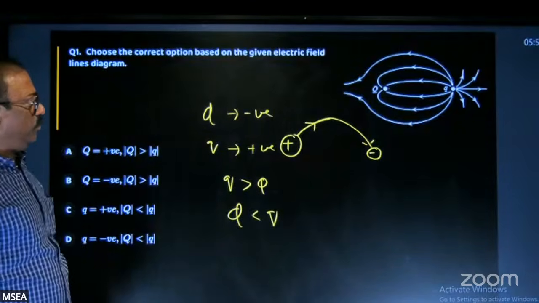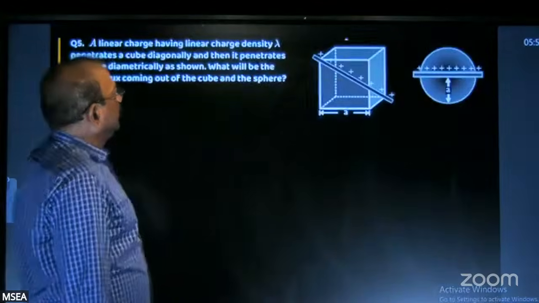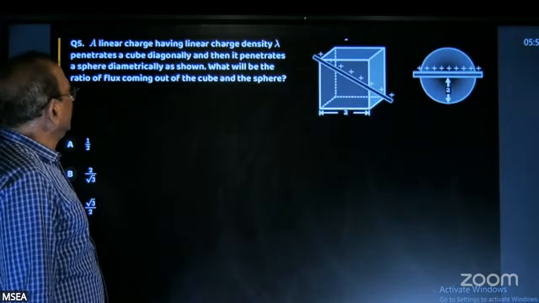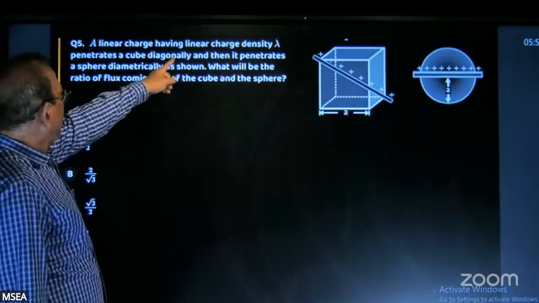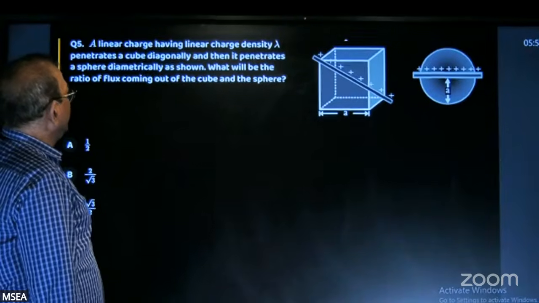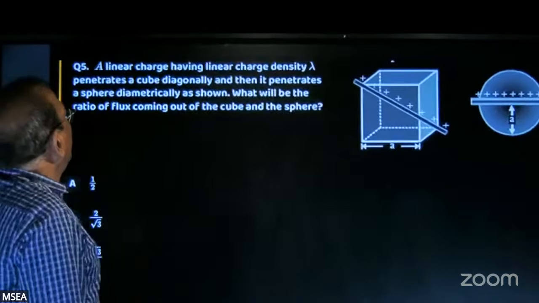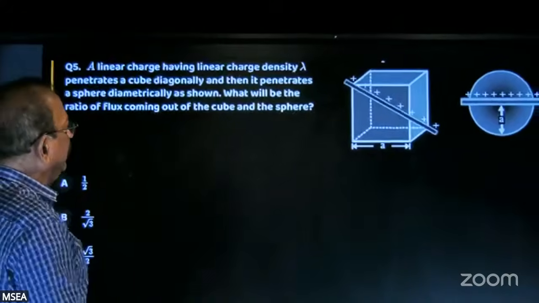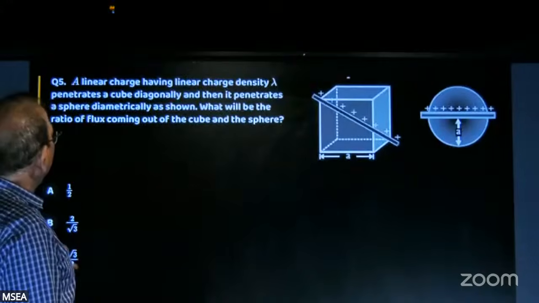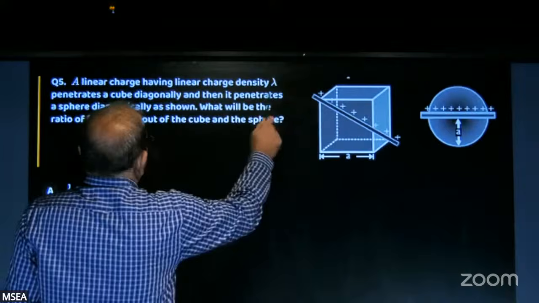These are important models. This is Gauss law flux. A linear charge having linear charge density lambda, means a charged wire of charge density lambda, penetrates a cube diagonally.